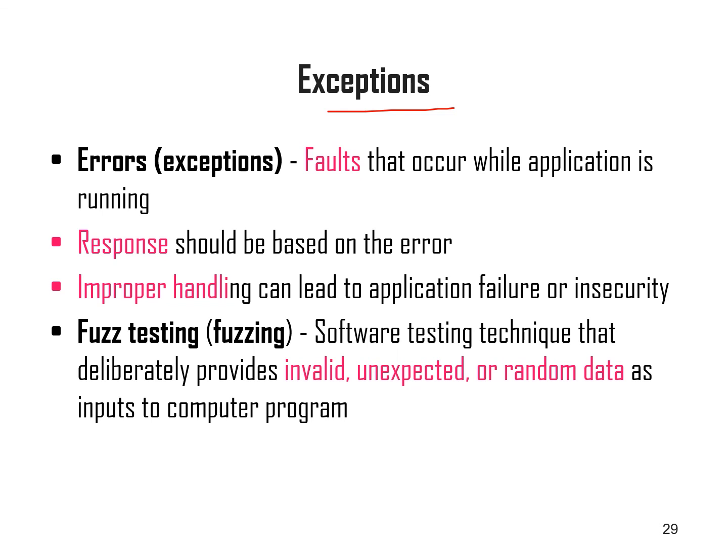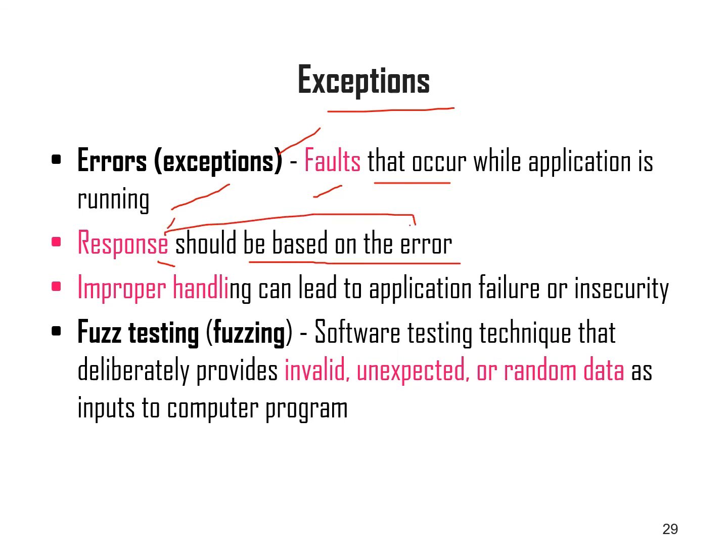Exceptions. In application security, exception is a very important thing. Exceptions are faults that occur while the application is running. If any application is running and creating an error, then that is actually called a fault or error. The response should be based on the particular error.